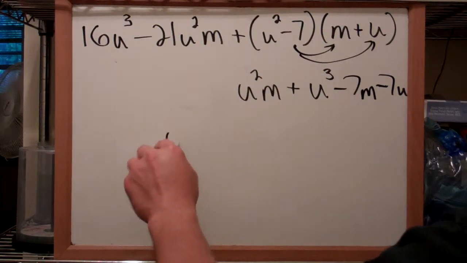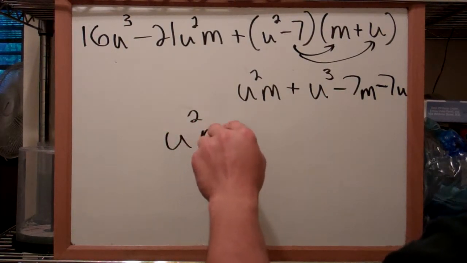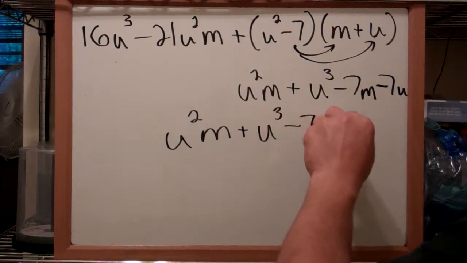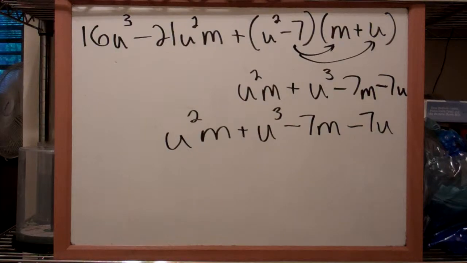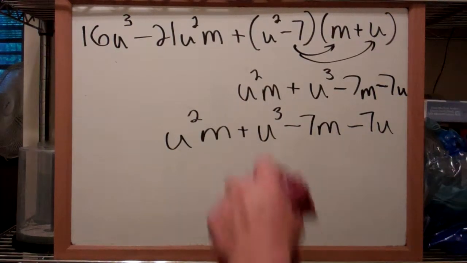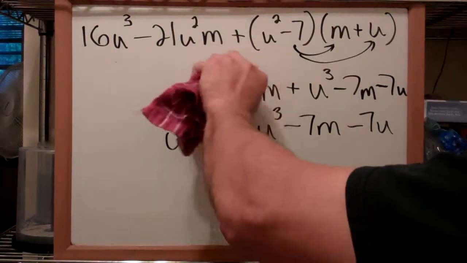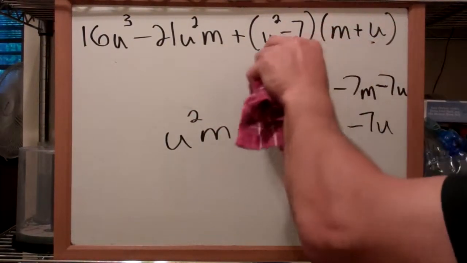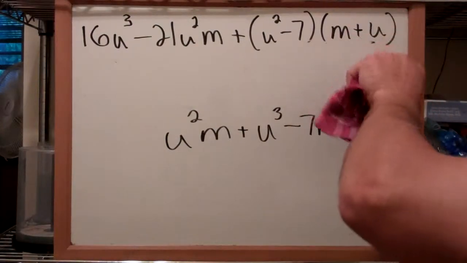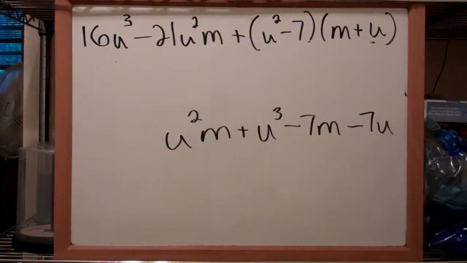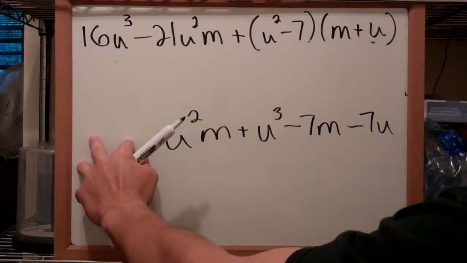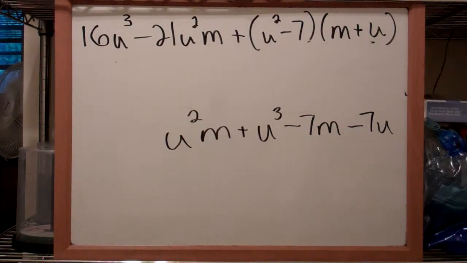Here, we write this out a little bit more clearly. Those are the 4 terms that we got from using the FOIL method on the binomial times the binomial. Now we can drop these two terms down here and look to combine like terms.